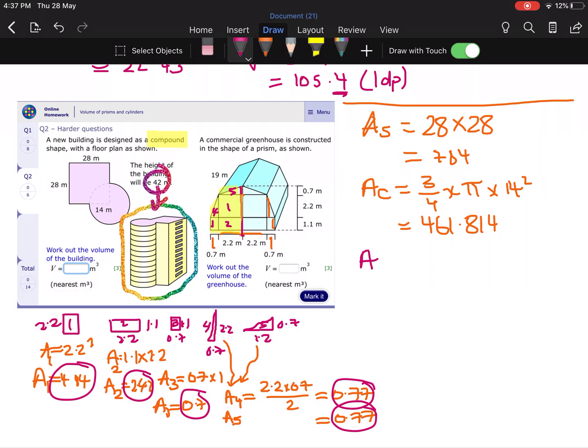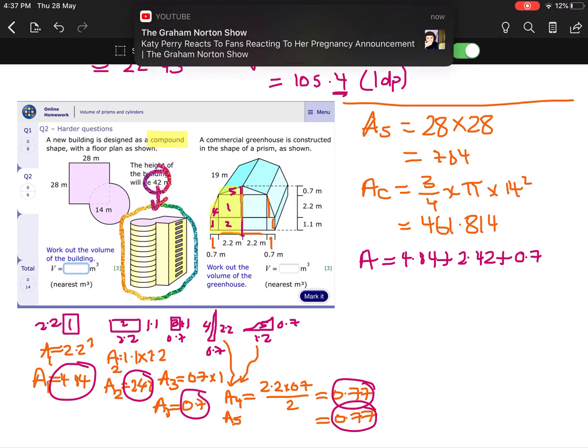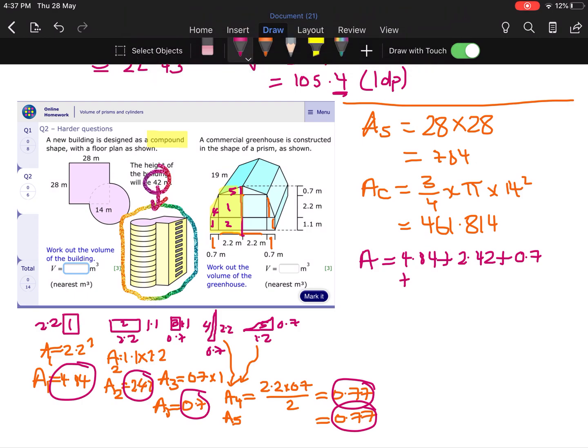So the area is equal to 4.84 plus 2.42 plus 0.7 plus 0.77 plus 0.77.